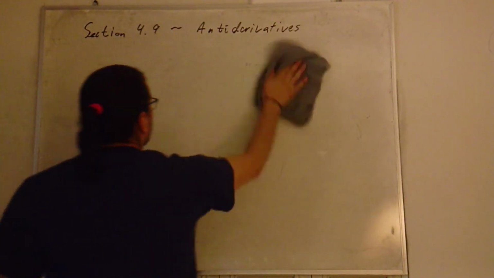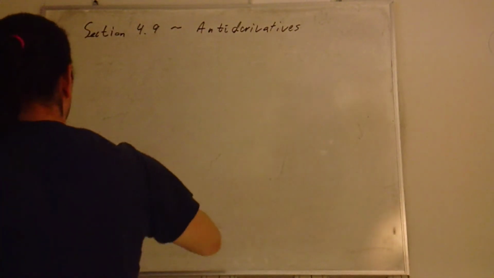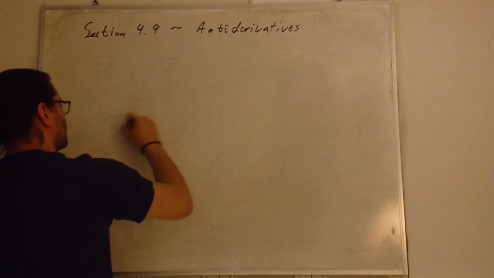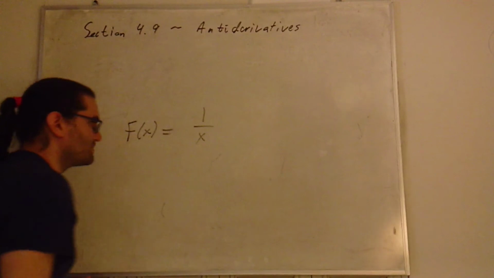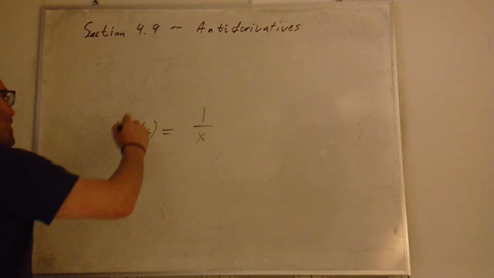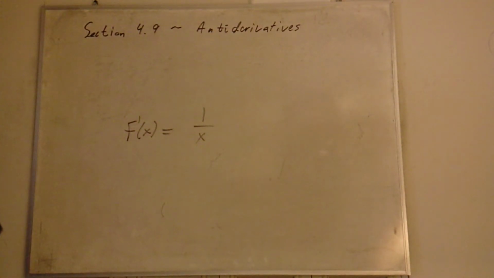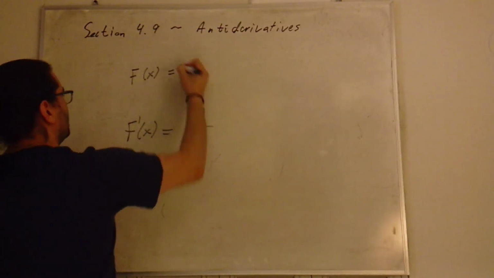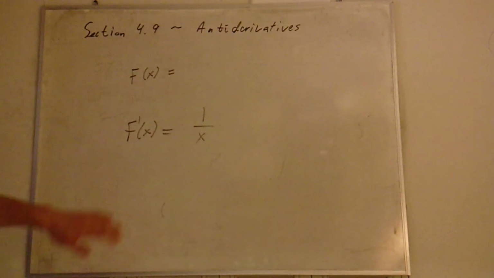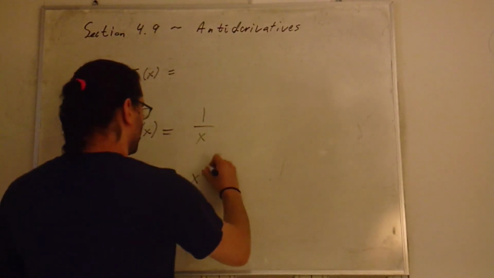Okay, the one more example we need to do is f of x equals 1 over x. I'm sorry, f prime of x equals 1 over x. We want to find an antiderivative of this. We should just be able to use the power rule.